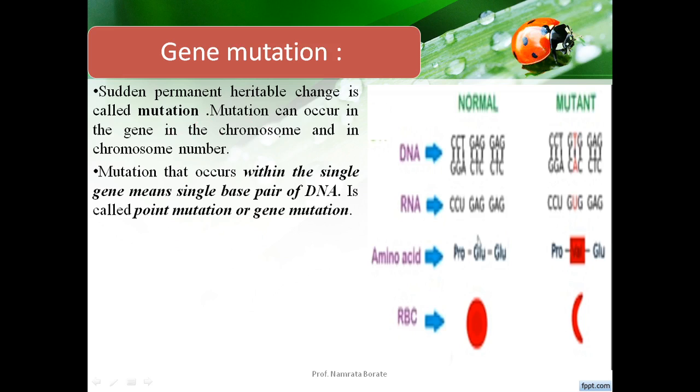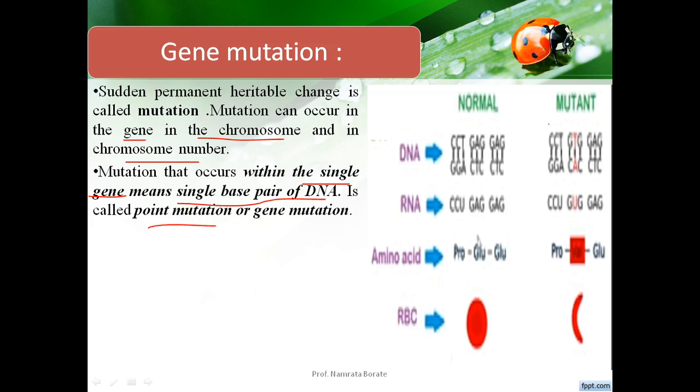The mutation can occur in the gene, in the chromosome, and in the chromosome number. A mutation that occurs within a single gene, single gene means what? That is a single base pair. A change in a single base pair of DNA is called a point mutation, or gene mutation.